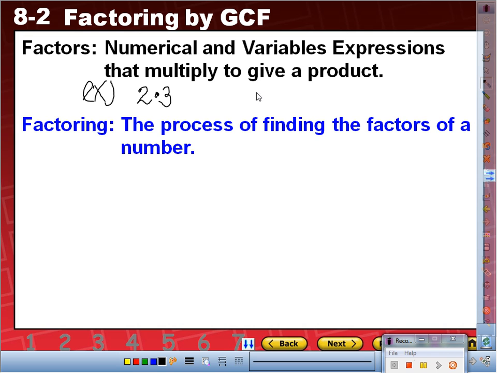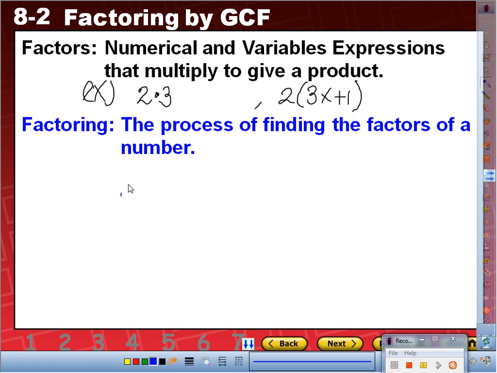How about 2 times (3x plus 1)? Let's see. This is a factor. This is a factor. Are they multiplying? Yes. Those are also factors. So now check this out. What is the product of 2 times 3? 6.